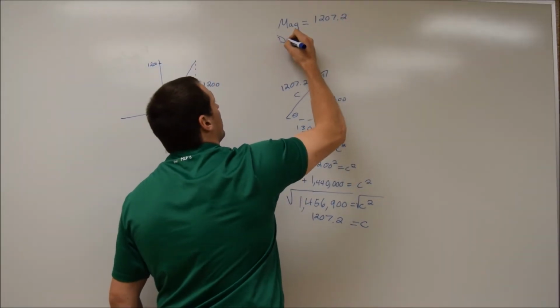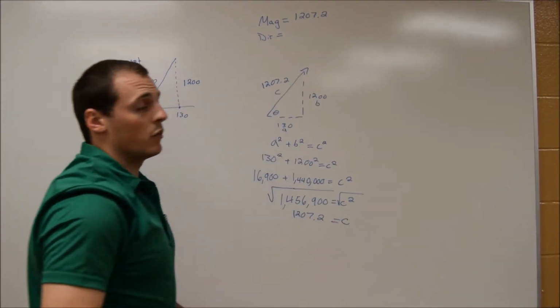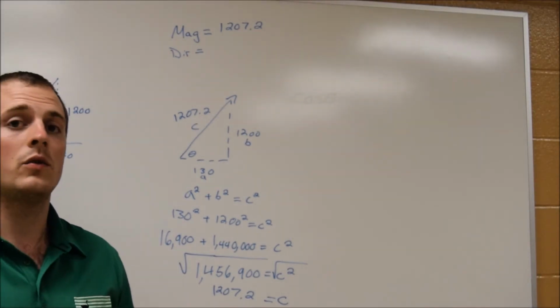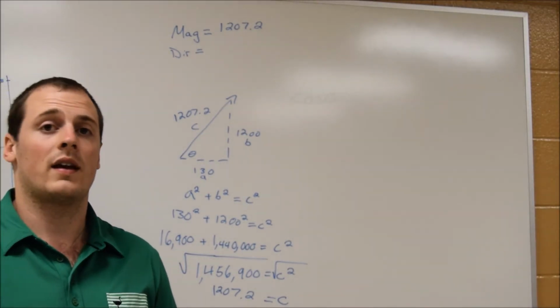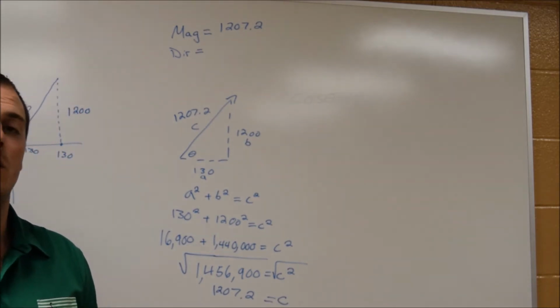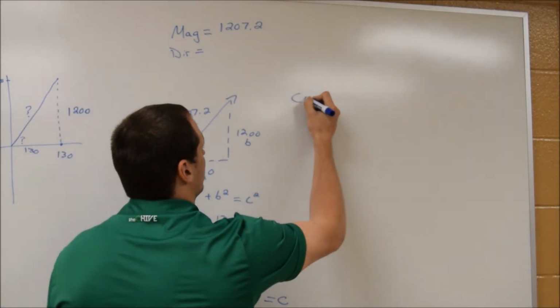Now we still need to find the direction, which is another way of saying the angle. So in order to solve the rest of this problem, we can use either sine, cosine, or tangent. As long as we pick the right two sides to use with them, you'll still get the same answer for all of them. So let's say we want to use cosine.